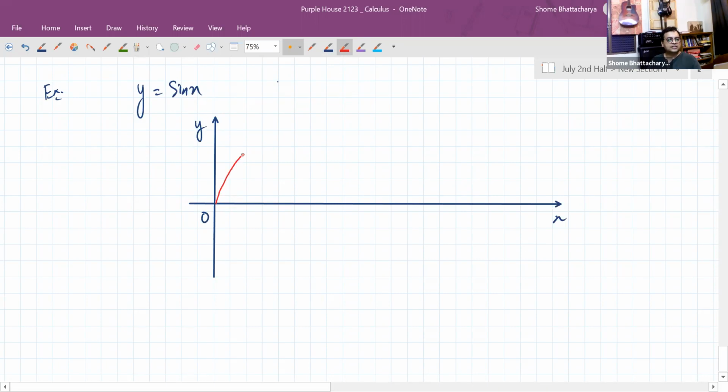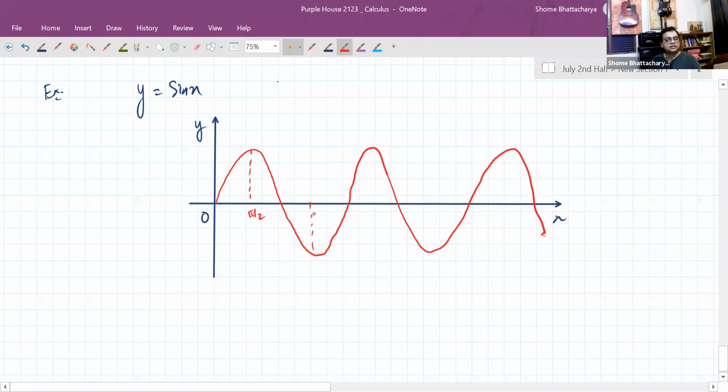But you can see that within the cycle, the function is peaking, then dipping, then again peaking, and then the cycle goes on and on. So if you take x going up to infinity, this function has an infinite number of points where the function rises to a peak. Okay. And again, an infinite number of points where the function drops to a dip. It keeps going on and on like this.